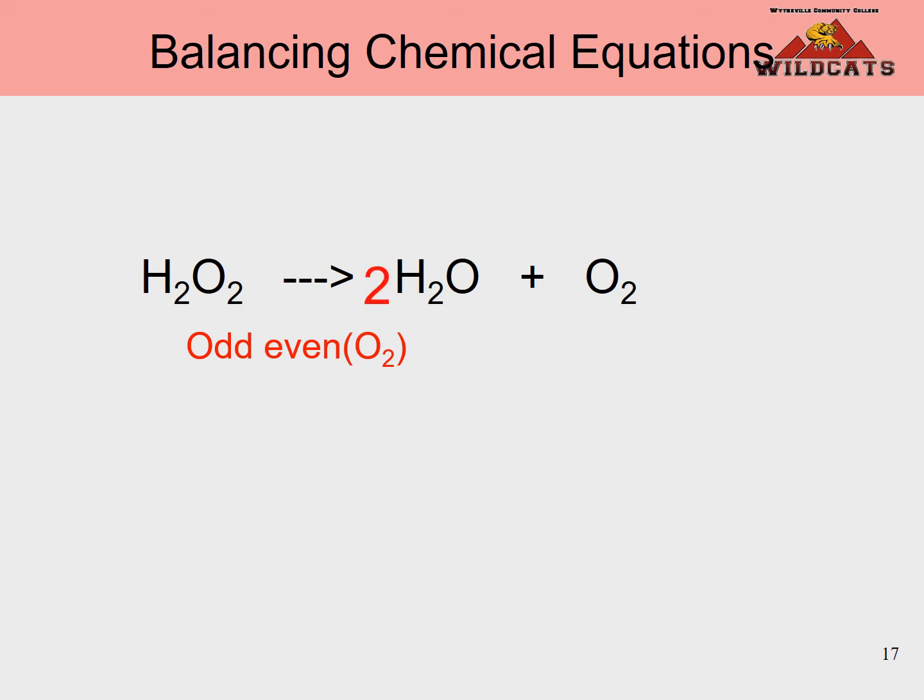So if I put a 2 in front of the H2O, so now I have an even number of oxygens on the right, 2 from the H2O and 2 from the O2. And if you'll notice, I put a 2 in front of H2, or you could go 2 times 2 is 4 hydrogens, but I would look at this and go, oh, I got 2 H2. I probably need a 2 in front of the H2 on the left-hand side, and lo and behold, my equation is now balanced.